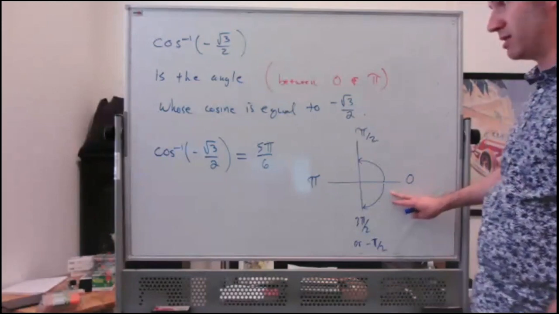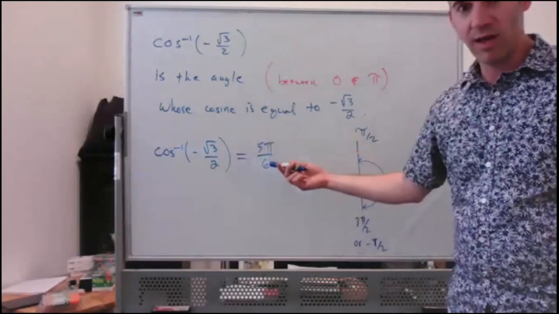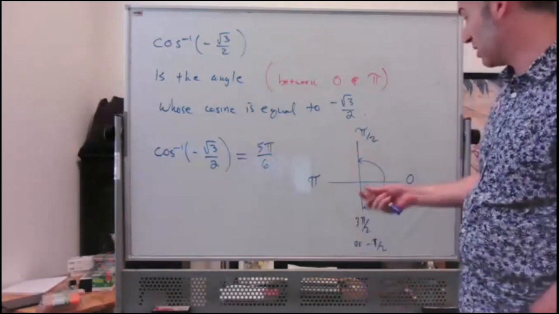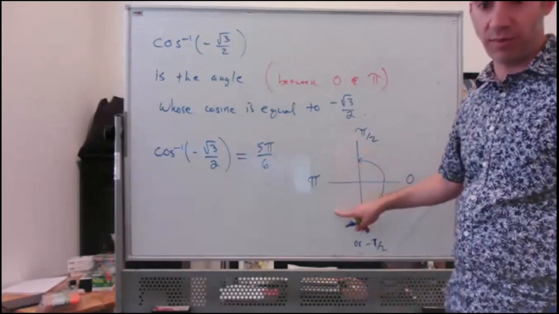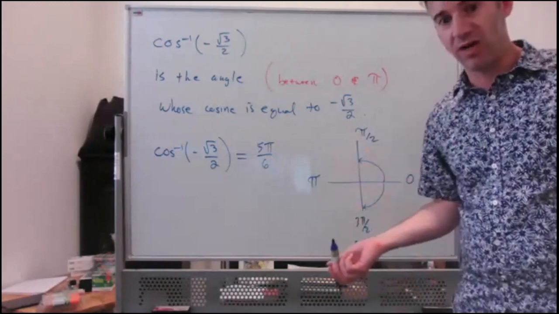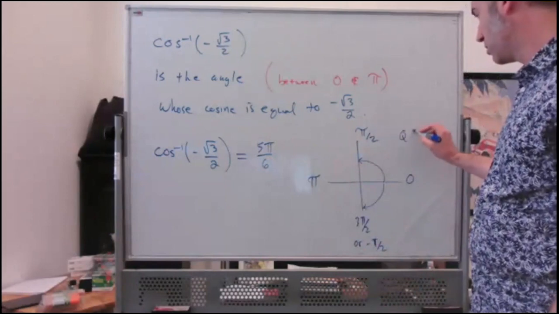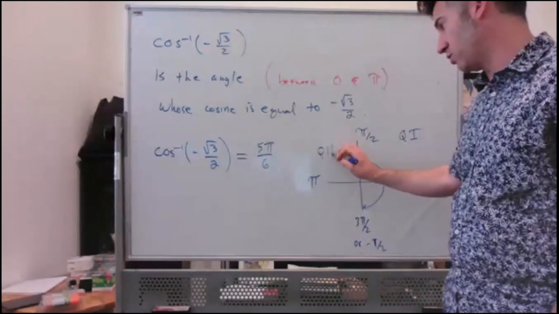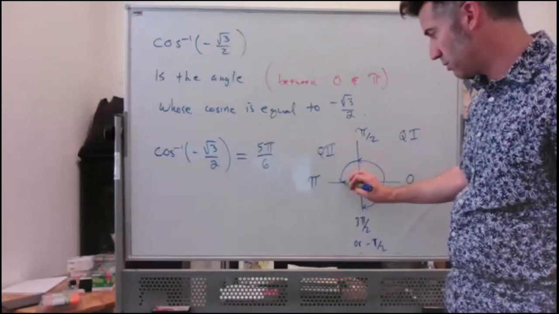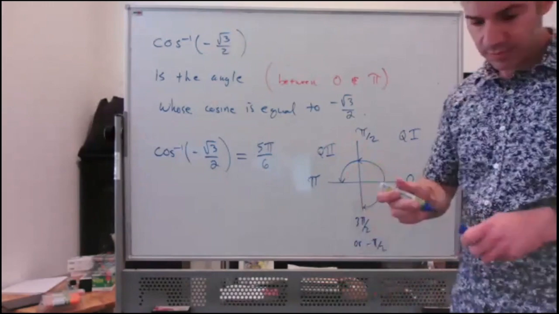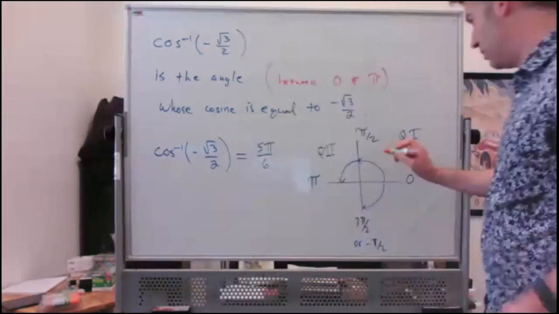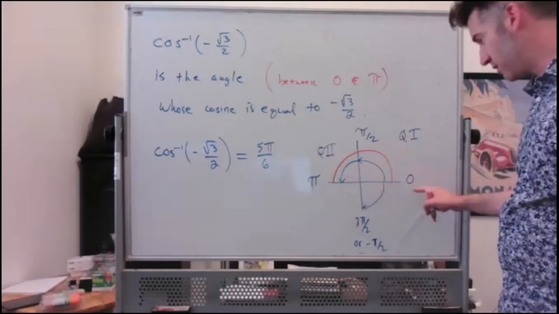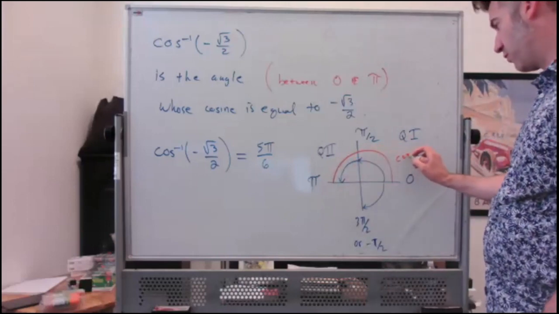If I want inverse cosine of a negative number, I have to end up with an angle in a quadrant where cosine is negative, which is either quadrant 2 or quadrant 3. We decided we're going to pick the quadrant that's next to quadrant 1. We can't pick quadrant 4 because it doesn't work, so we pick quadrant 2. So we go 0 to pi. These two quadrants, 0 to pi, this is where inverse cosine lives.